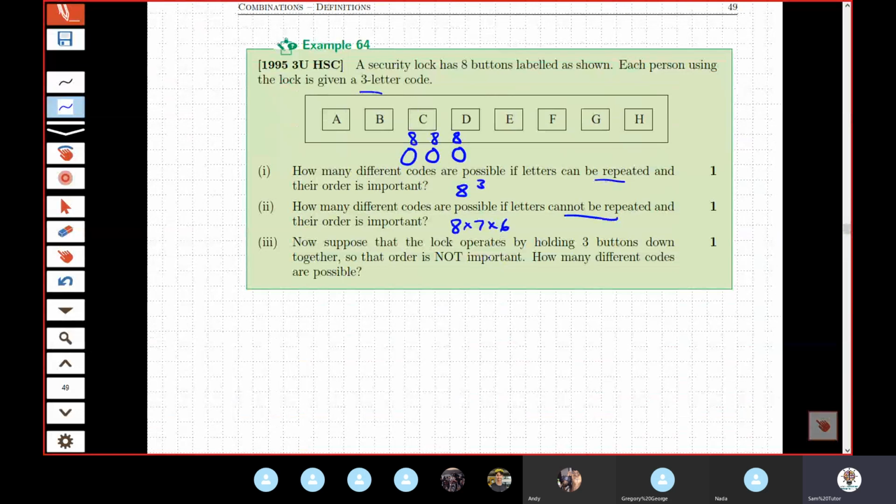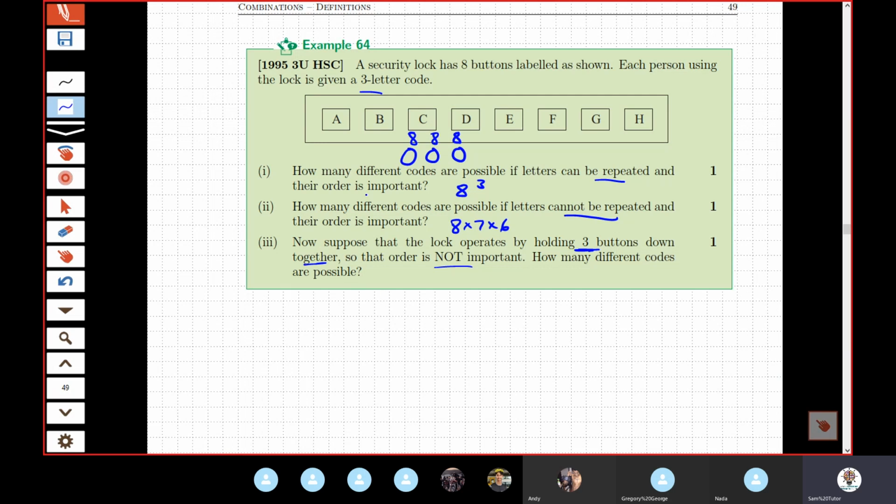Now suppose that the lock operates by holding 3 buttons down together. So the order is not important. How many different codes are possible? How is that different? It's interesting actually, because I think that's the biggest difference between a permutation and a combination.